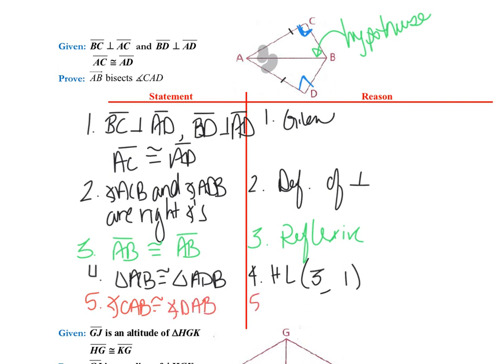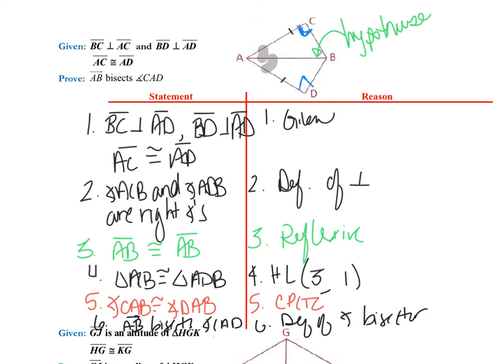And we can say that by CPCTC. Now that those two angles are proven congruent, we can say, and sorry that I'm running out of room right here, that AB bisects angle CAD by the definition of an angle bisector.